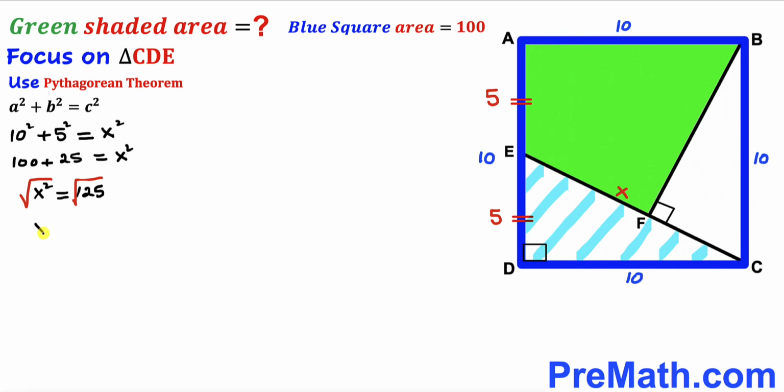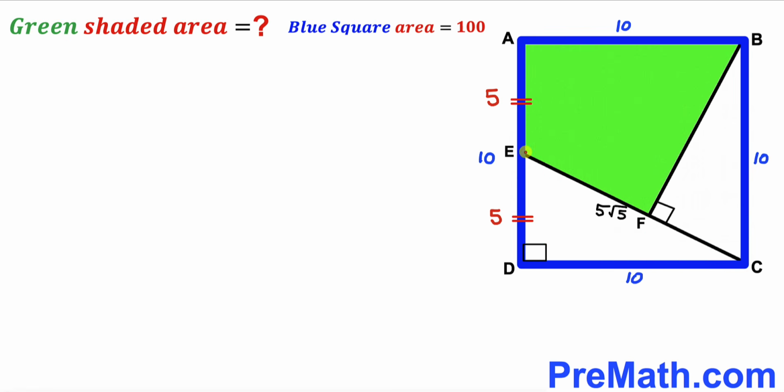So our x value turns out to be 5 times the square root of 5. Since x represents the segment length CE, this whole segment CE length turns out to be 5 times the square root of 5 units.